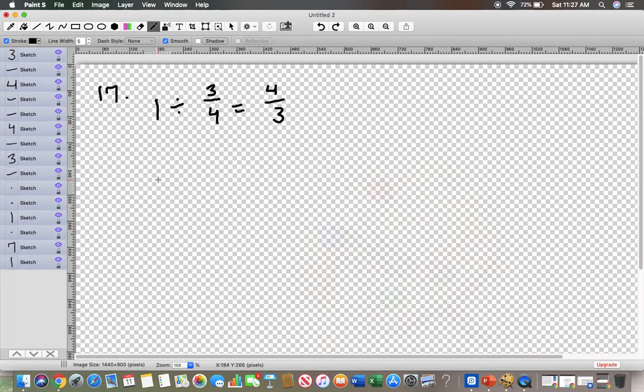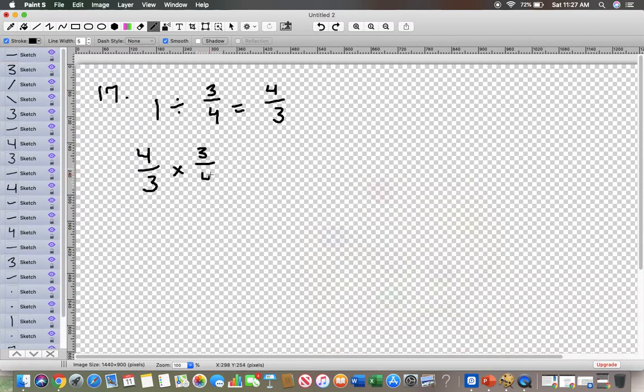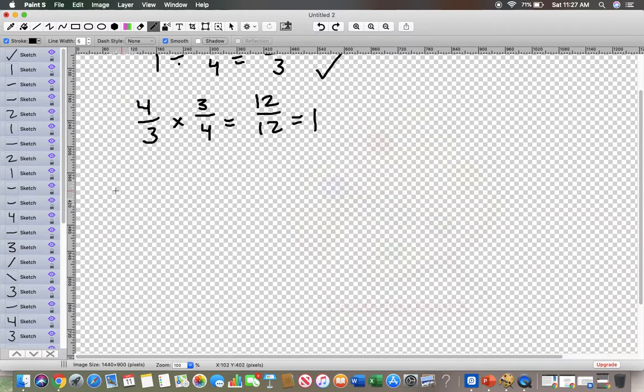Is that correct? Well, we have to use multiplication to check it. So I take my quotient of 4/3, multiply that by my divisor, 3/4. 4 times 3 is 12. 3 times 4 is 12. That is equivalent to 1. Is 1 my dividend? Yes. So you can put a check mark next to 17. That is the correct answer.